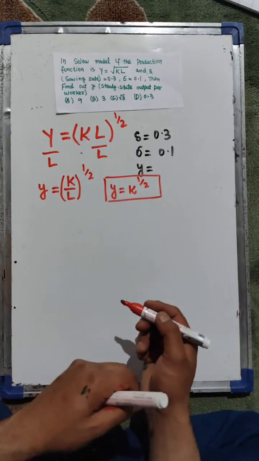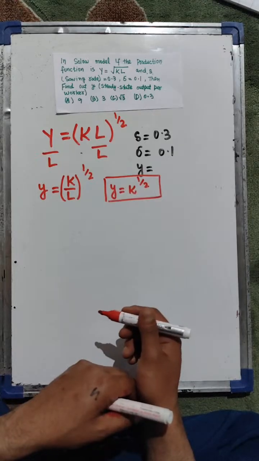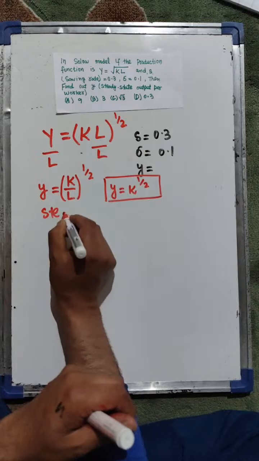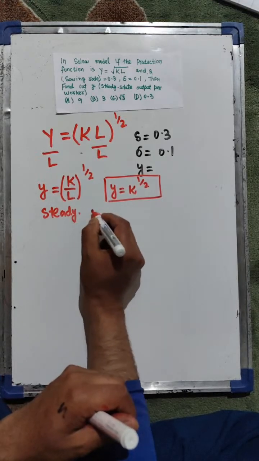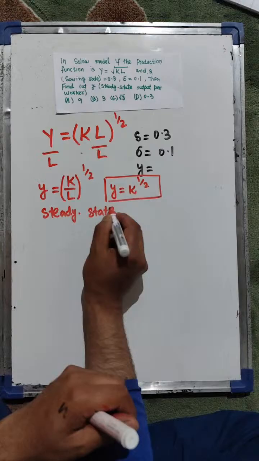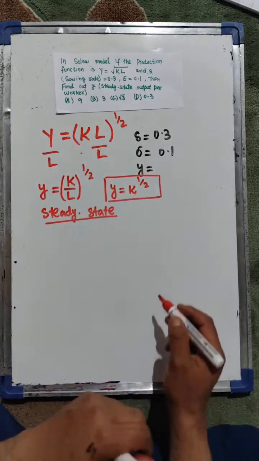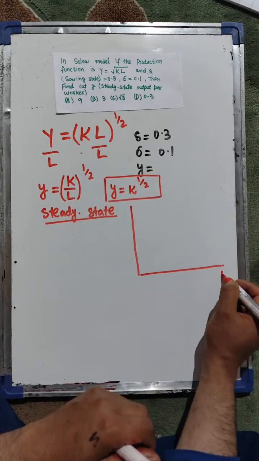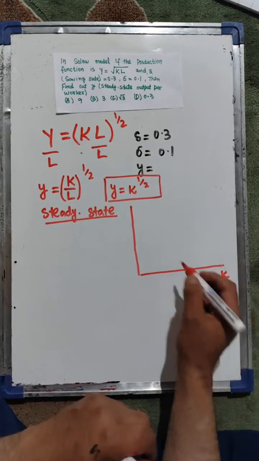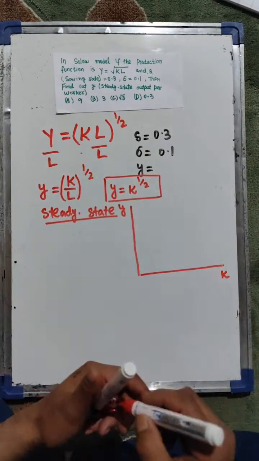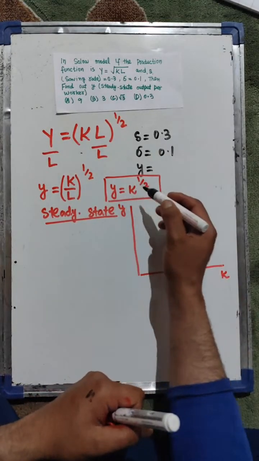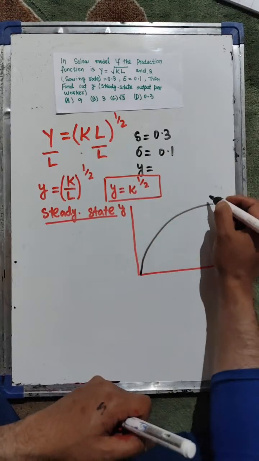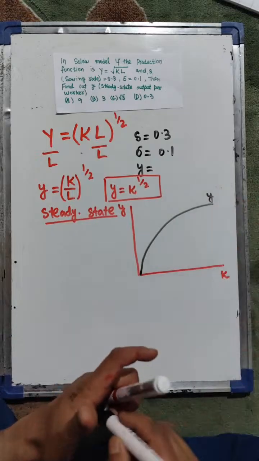Now to find out the steady state output per worker, we need to find out the steady state condition. If I draw a simple graph here, we have the capital per worker on the horizontal axis and output per worker on the vertical axis. Since we have this production function, it will look like this. So this is our small y.